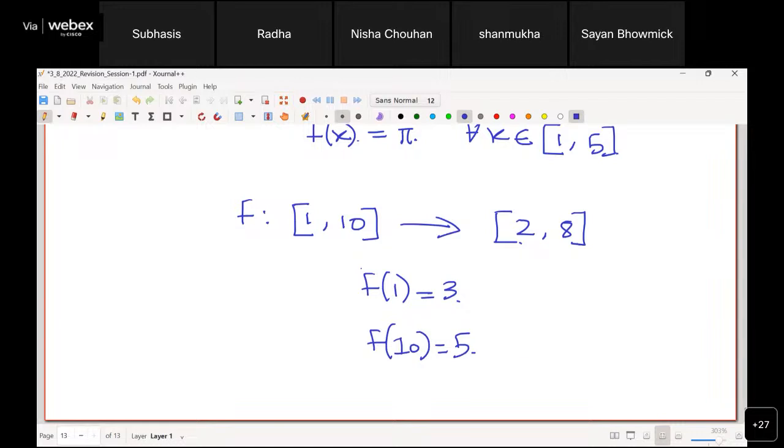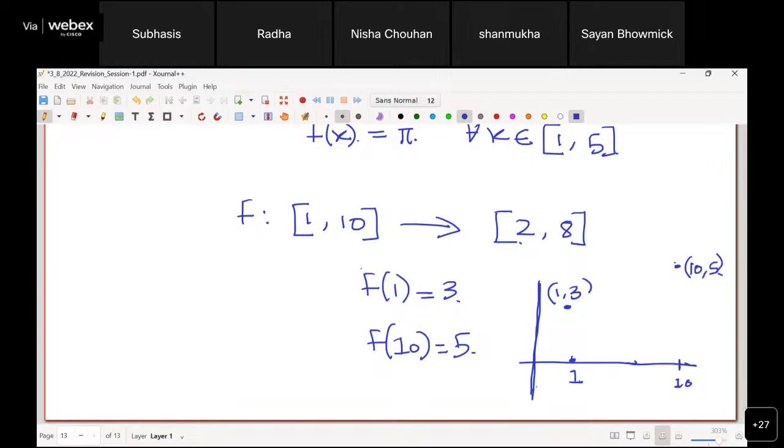So you want a continuous function, whatever it is, with f of 1 equal to 3. That means at 1 the value is 3, so this is the point 1 comma 3. And at 10, the value is 5, so this is 10 comma 5.